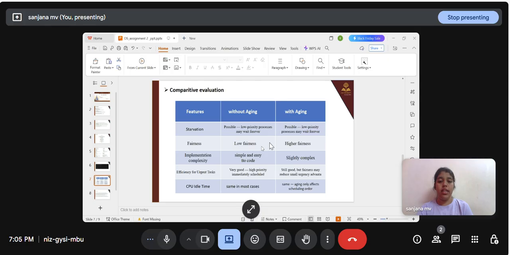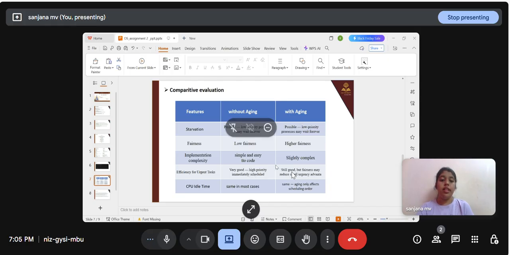With aging, fairness also improves because waiting processes gradually move up in priority. Next, coming to implementation complexity: without aging it is simple and easy to code, but with aging it is slightly more complex. Coming to urgent tasks, they are still executed quickly, but long waiting tasks also get the CPU eventually.